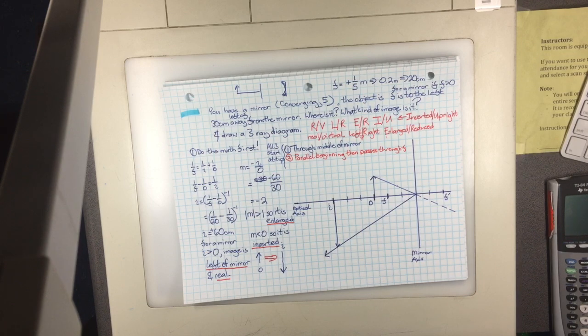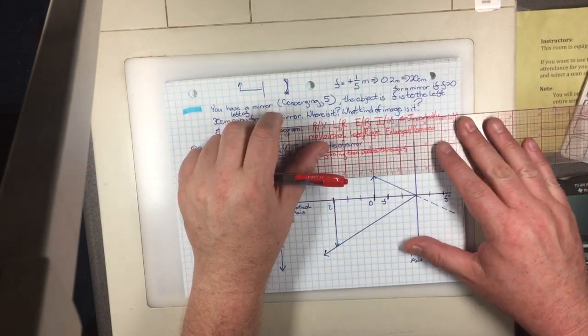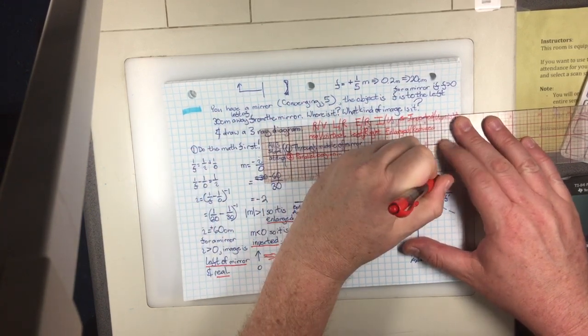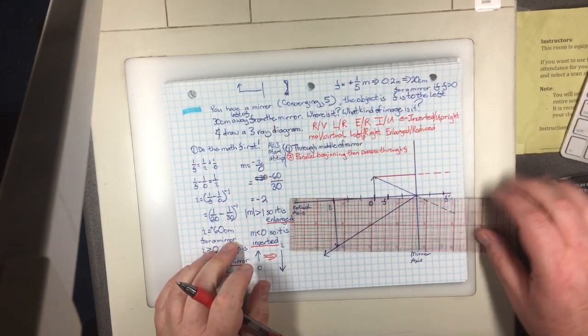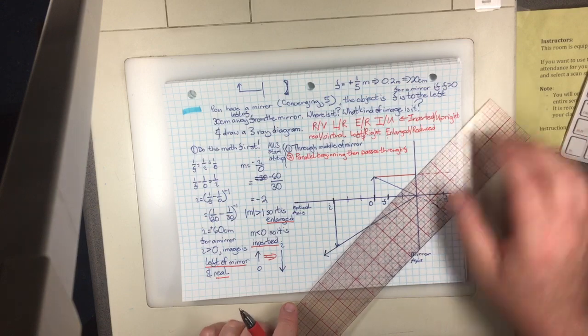The concave mirrors will take parallel light and send them through the focal point. So light that heads straight at the mirror, if it was to go on its merry little way, the virtual ray would do this.